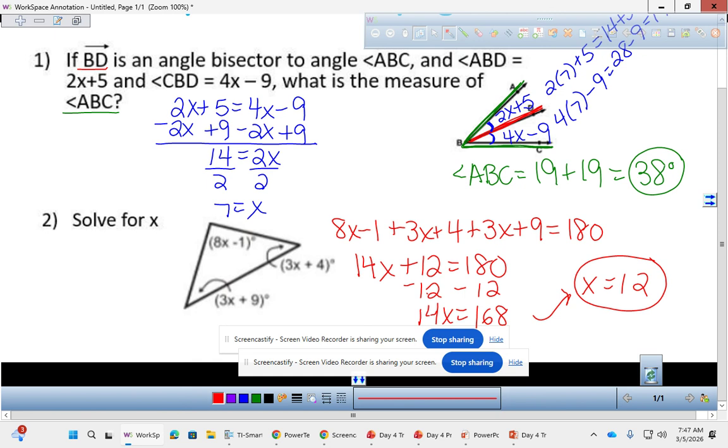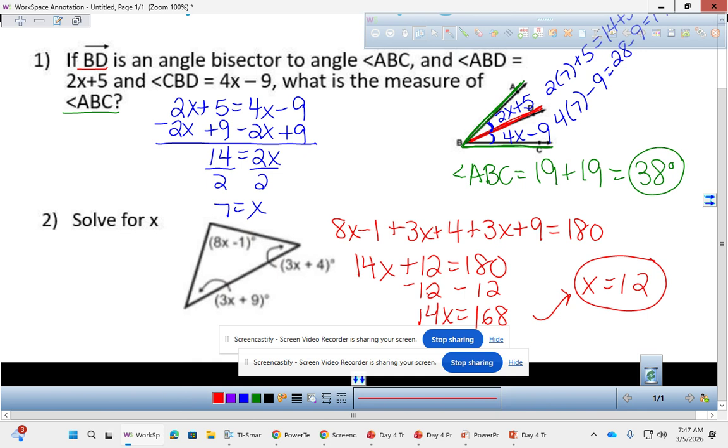So this is just a little bit of a summary of some stuff that we learned yesterday. If you bring your attention to the backboard, I wrote down all of the angle relationships that we've learned so far. The first 4 are what you learned yesterday: a linear pair, a complementary, a vertical, triangle sum. Today we're going to hit on the last one, which is called exterior angle theorem.